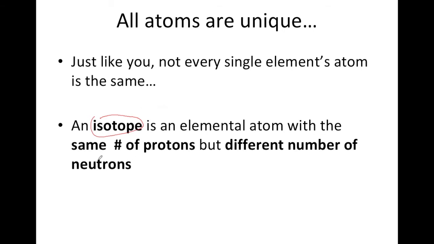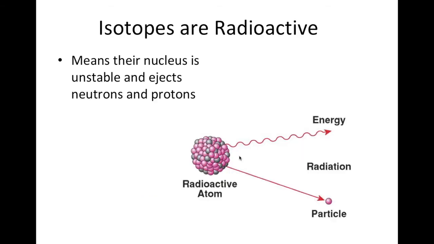So they would have the same number of protons and the same number of electrons, but they have a different number of neutrons. So that's why they're the same, because the neutrons, remember, have a neutral charge. So they will still act the same as any other atom of nitrogen or oxygen. Okay.